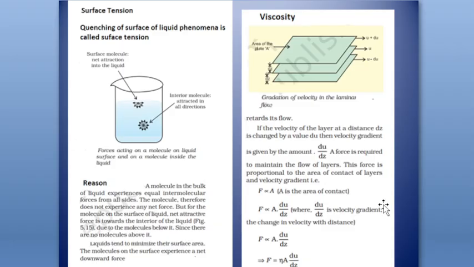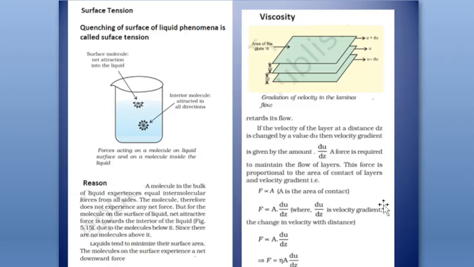Now come to viscosity. Viscosity is the retardation of the flow of the layers of the liquid. If the velocity of the layer at a distance dz is changed by a value du, then the velocity gradient is given by du/dz.